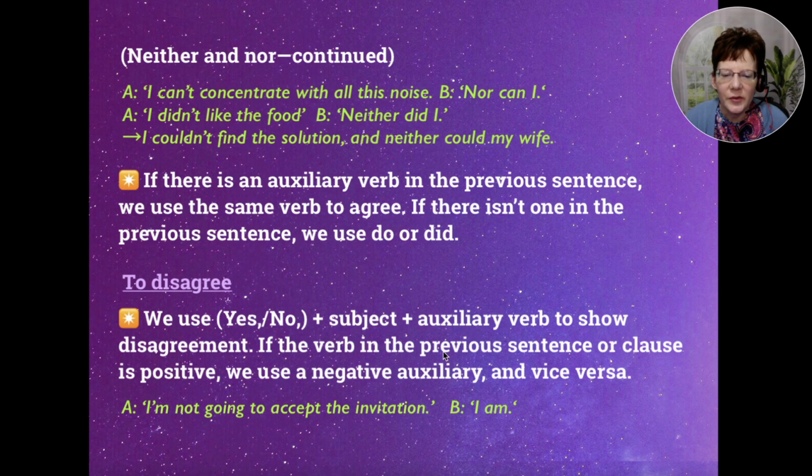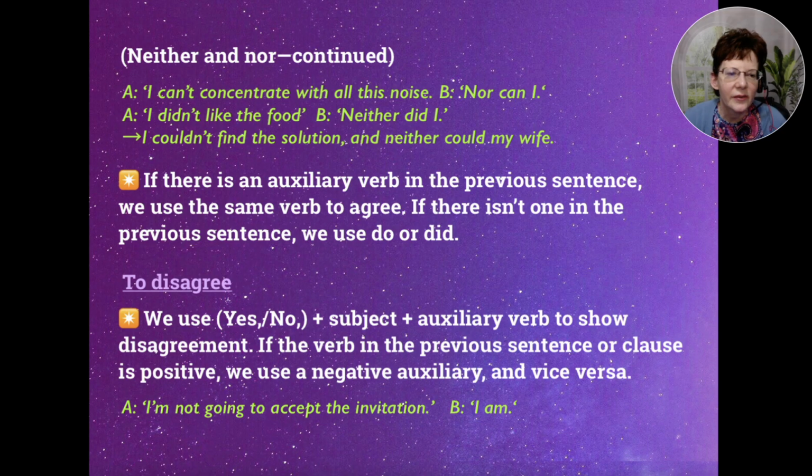If the verb in the previous sentence or clause is positive, we use a negative auxiliary and vice versa. So for example, person A, I'm not going to accept the invitation. And person B says, I am. So it's two different expressions here. One is negative and the other is positive, expressing the opposite.